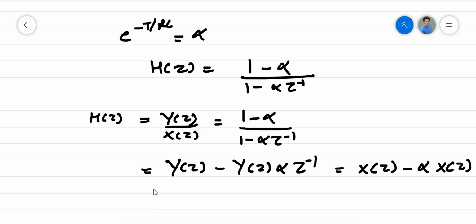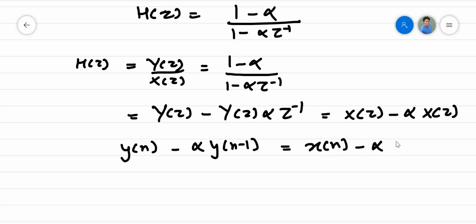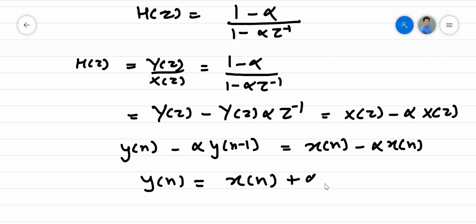If we take the inverse z transform, then y(n) minus alpha y(n minus 1) is equal to x(n) minus alpha x(n). So one can write it like this: y(n) is equal to x(n) plus alpha y(n minus 1) minus alpha x(n).